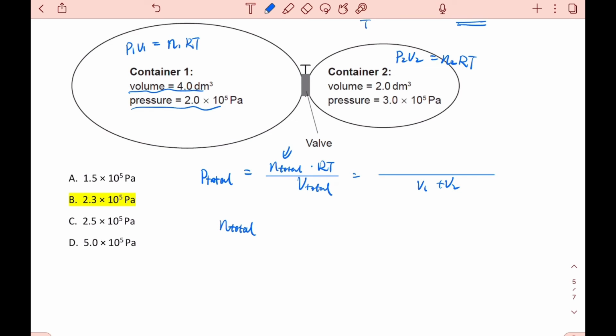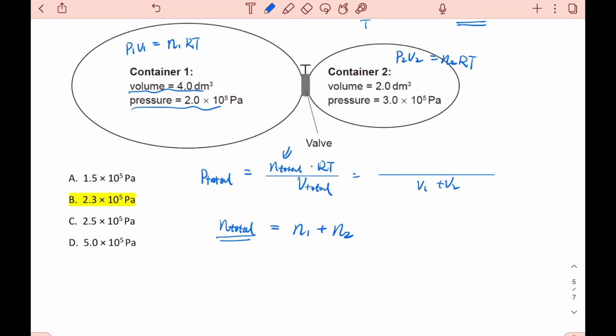The number of gas molecules in total after mixing essentially equals the number of molecules added together before mixing, right? Although volumes are different and therefore pressures are different in container 1 and container 2 before mixing, overall gas particles before and after the valve opens remain the same.